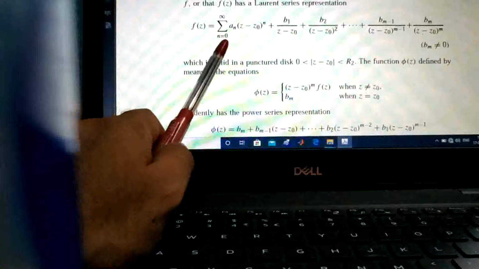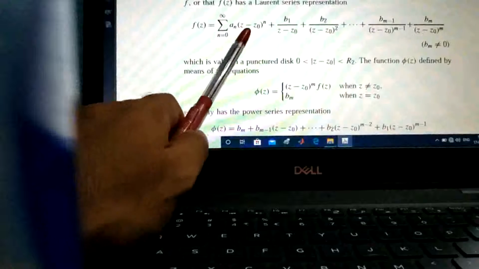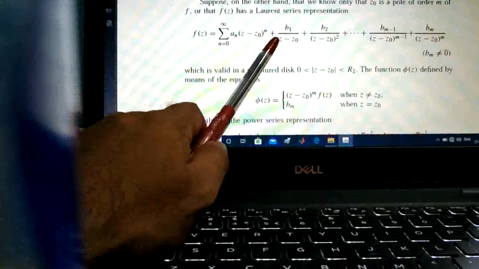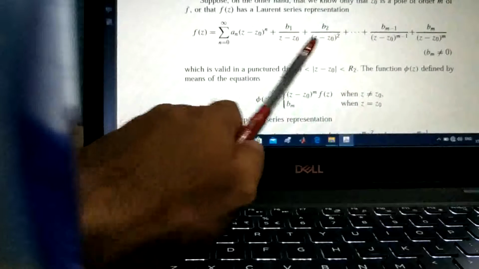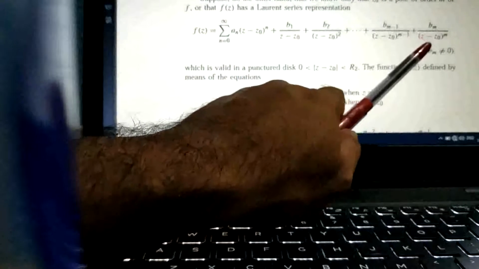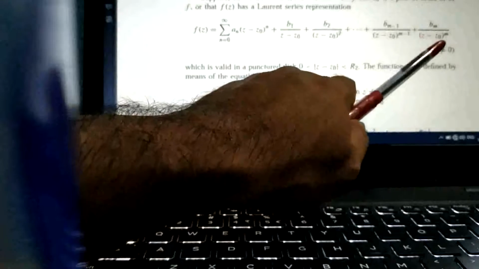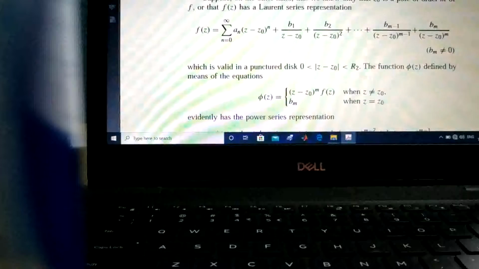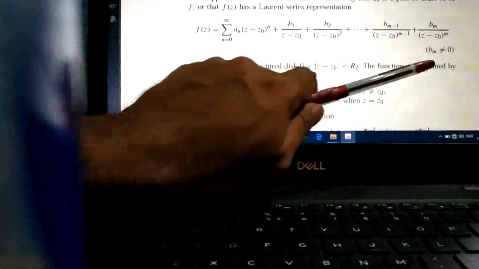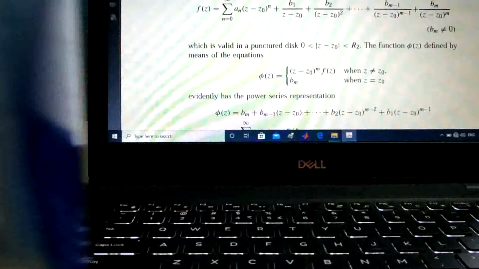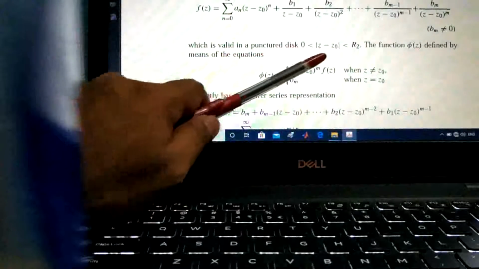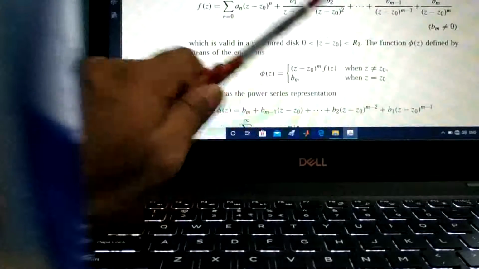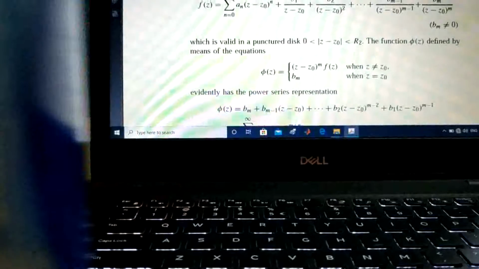This is summation 0 to infinity a_n (z minus z naught) to positive powers, and b1 by (z minus z naught) up to b_m by (z minus z naught) to the power m, since z naught is a pole of order m where b_m is not equal to 0, which is valid in this punctured disk of some arbitrary radius, meaning some finite real number.